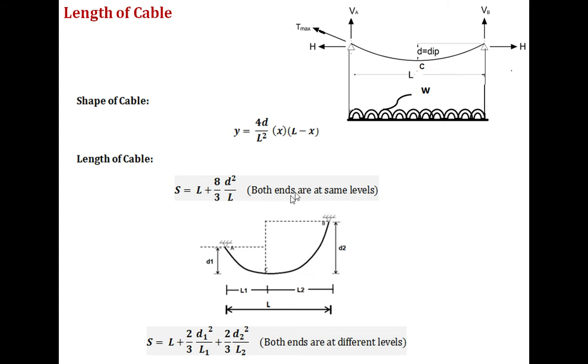This is what we just considered. If ends are at different levels, let's say D1 and D2 above the lowest point and L1, L2 here, then the length of cable is given by L plus 2/3 D1 square by L1 plus 2/3 D2 square by L2, where D1, D2 and L1, L2 are like this.